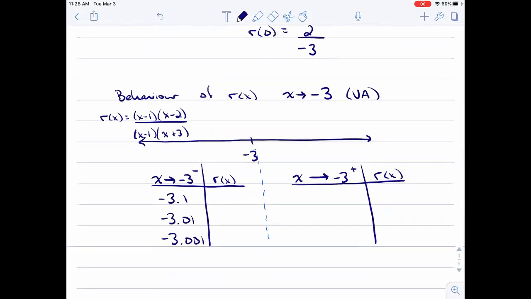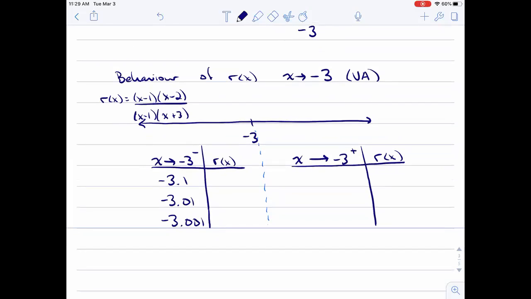Negative 3.1 minus 1 times negative 3.1 minus 2, divided by negative 3.1 minus 1, add another bracket, times negative 3.1 plus 3. You get 51.